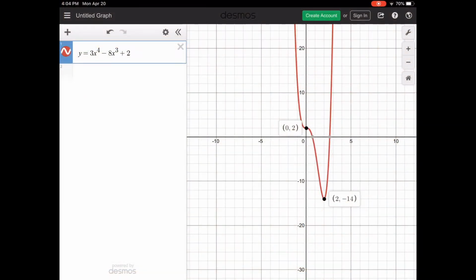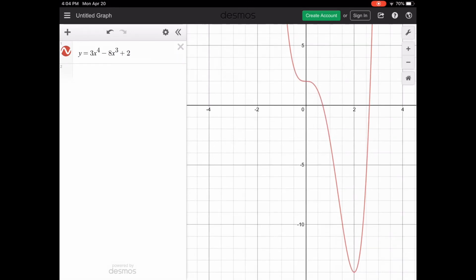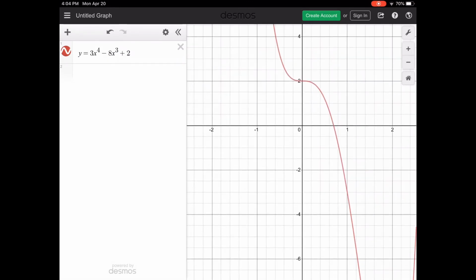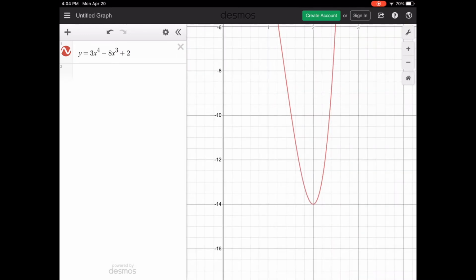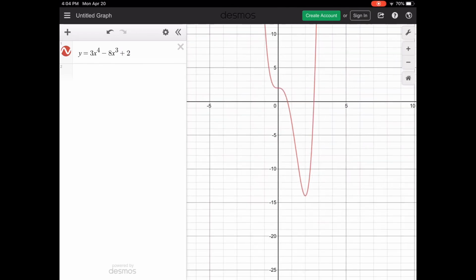Once again, Desmos confirms the shape and the location of all those important points. And you can see that inflection where it really does go to a slope of 0 just momentarily and then continues to decrease. And at the bottom, it goes to a slope of 0 but changes from decrease to increase.